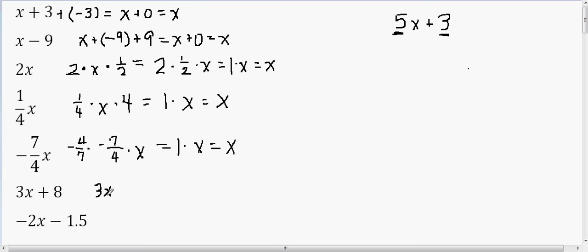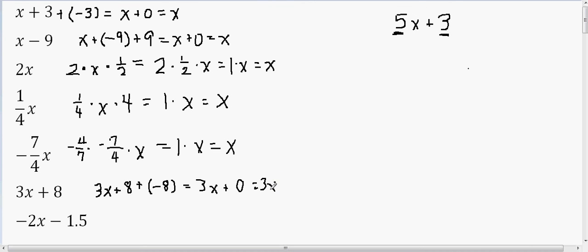So we start with 3x plus 8 and add the additive inverse, which is minus 8. Then 8 and minus 8 will cancel each other out to give 0. And 3x plus 0 is equal to 3x.